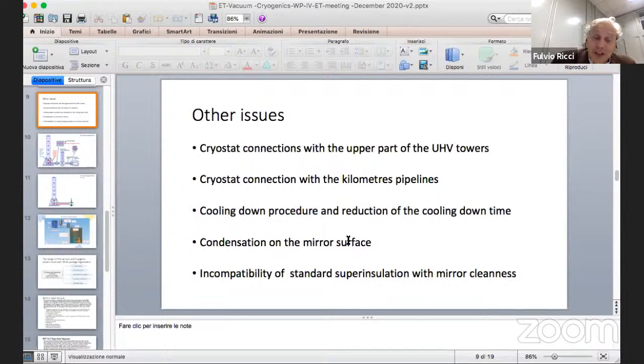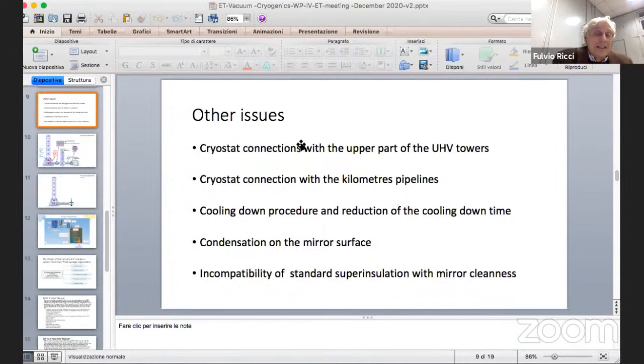There is the problem of condensation on the mirror surface, which is a problem that they already have to face in KAGRA. And there is the problem of defining which kind of super insulation we have to use in the cryostat, because if you use the standard aluminized mylar, which absorbs a lot of water and typically is not so clean, we have a problem with mirror cleanness.